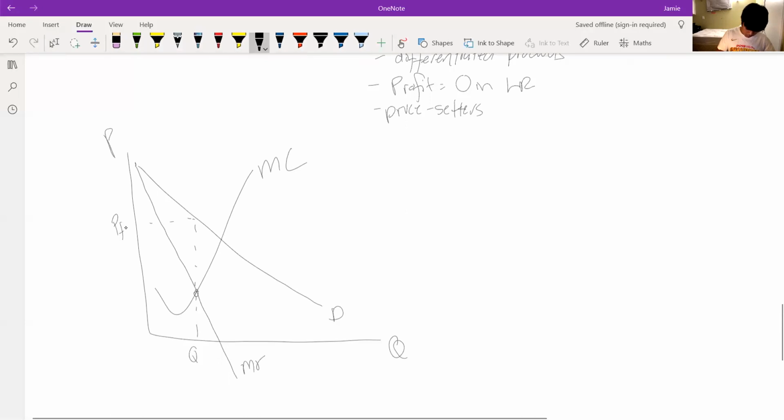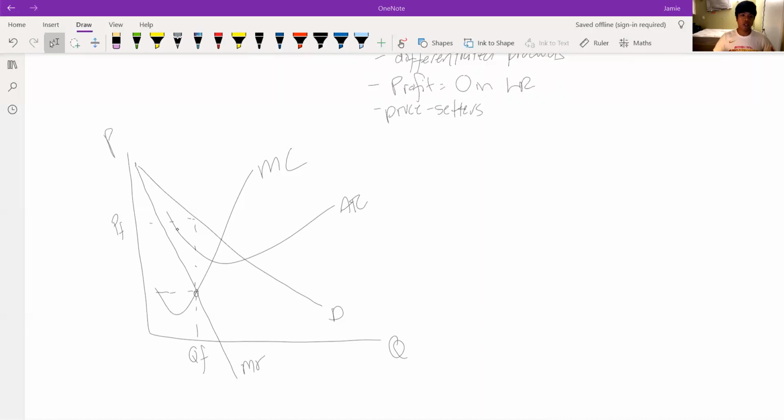This is QF. Nothing crazy. It looks exactly like a monopoly. However, the main distinction here is that in the long run, profit is going to equal zero. And so if I draw the average total cost here, this firm is earning profit in the short run.